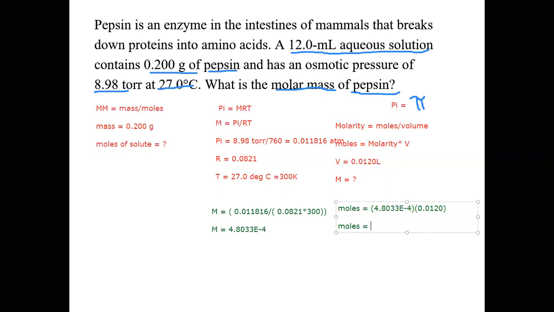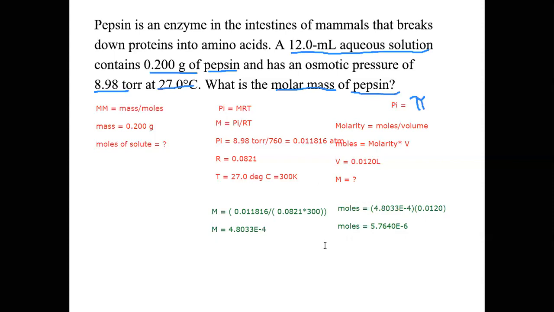And it would be 5.7640 e to the negative 6. Let me double check. Yep.